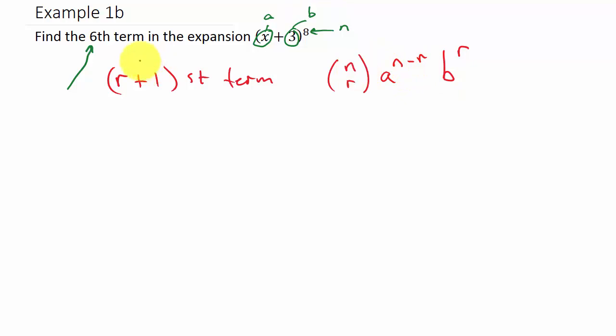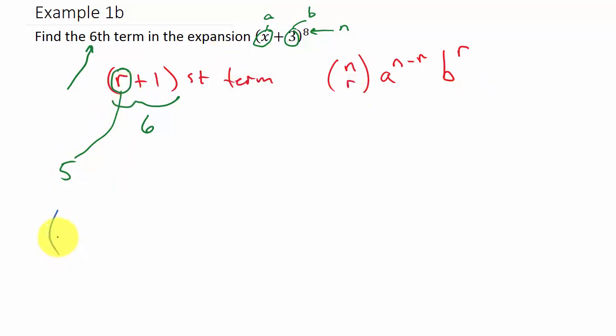But remember, the 6 is r plus 1. See the r here? Well, r plus 1 is 6, so that means 5 is r. Okay, so let's just plug everything in.